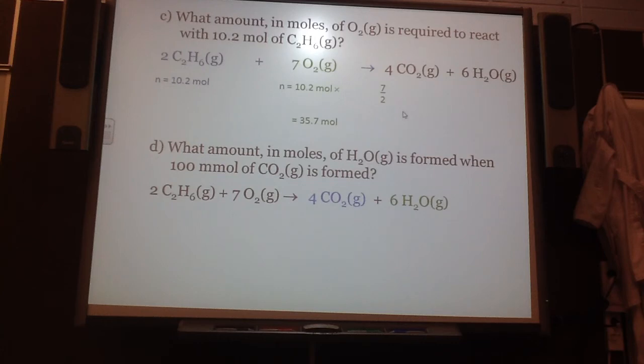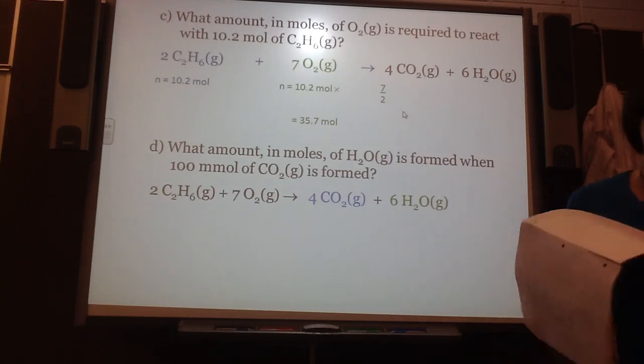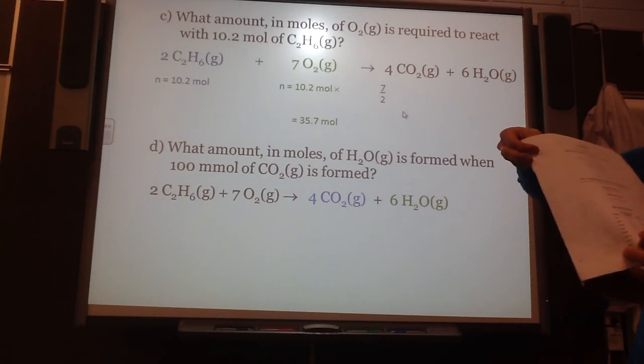Next one. What amount in moles of H2O gas is formed when 100 millimoles, so that's not a spelling mistake, it's milli. The first time you guys saw that, it tripped some of you. If you don't remember your conversions, you can go to page 3 of your data booklet, and you see the symbol m there.